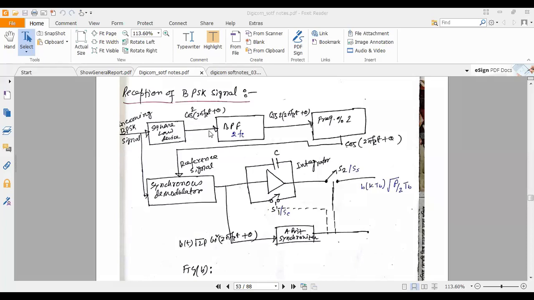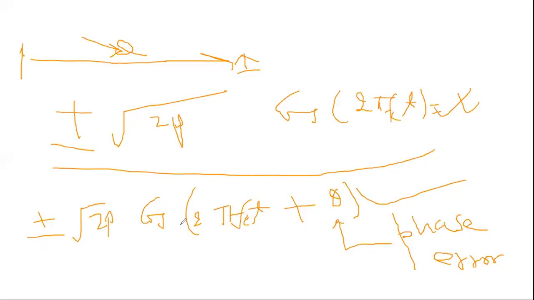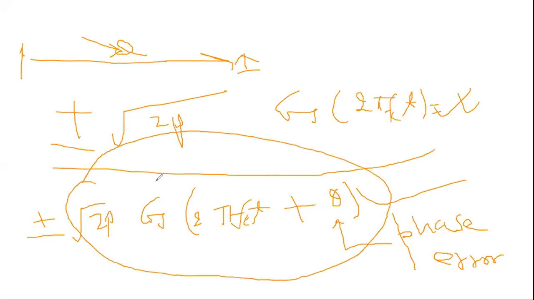As it is a square law device, it squares. Now, as you know, cos square 2 pi fct plus theta. Come to the whiteboard. Now if you square this, it will be cos square, isn't it? So look at what is happening. What did you get?